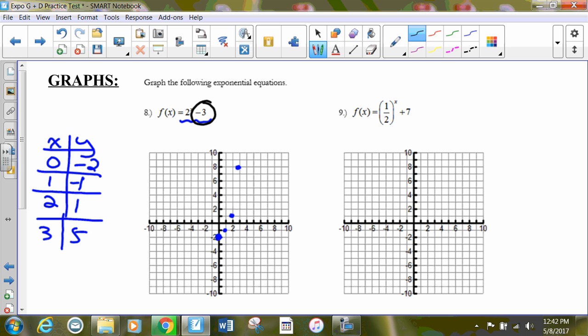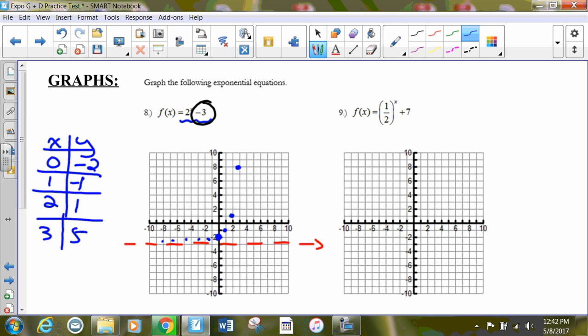So I look at -3, and I know that if I spent more time making this table, if I would put numbers like -1 in for x and -2 in for x, the values would be getting closer and closer to this horizontal asymptote.